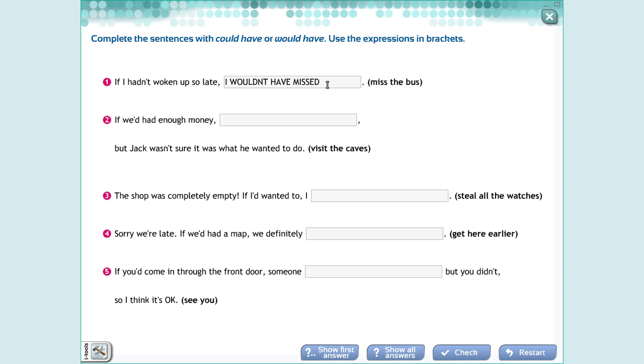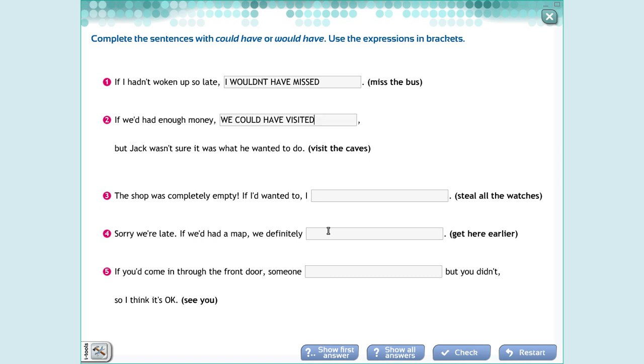Great. If we had enough money, visit the caves. A gente teria visitado, a gente poderia ter visitado. So, it's better to use could. We could have visited the caves. The shop was completely empty.